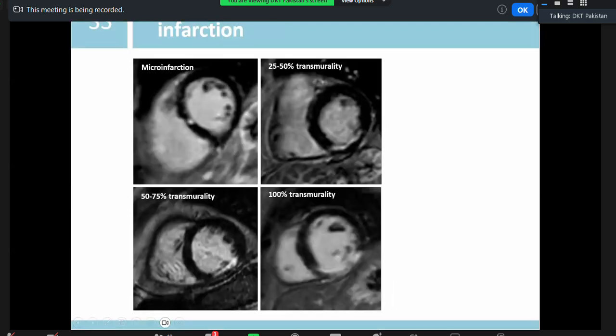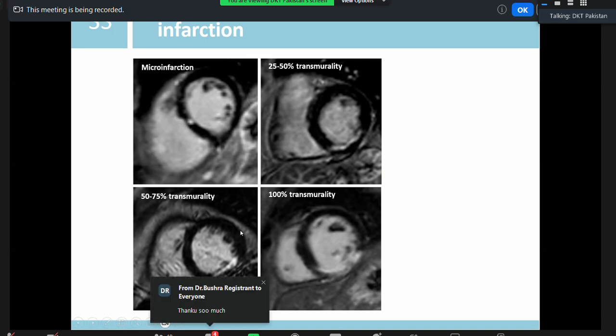How much enhancement there is, is really important technically. There are four patterns: microinfarction, 25 to 50%, 50 to 75%, and 100%. Usually we divide it as less than 50% or more than 50%.